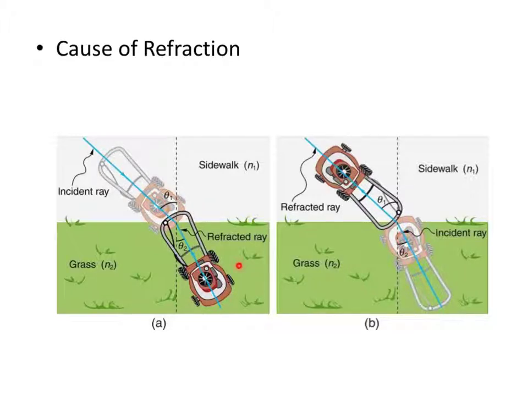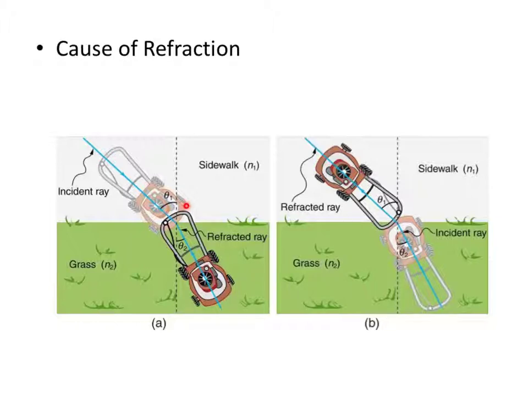Now it's a common experience that, if you push the same, the lawnmower is going to travel slower in the grass than it is on the sidewalk. But if you'll notice right here, this left wheel of the lawnmower hits the grass first. So it's traveling slower, whereas the right wheel here is still on the sidewalk and that's traveling faster.